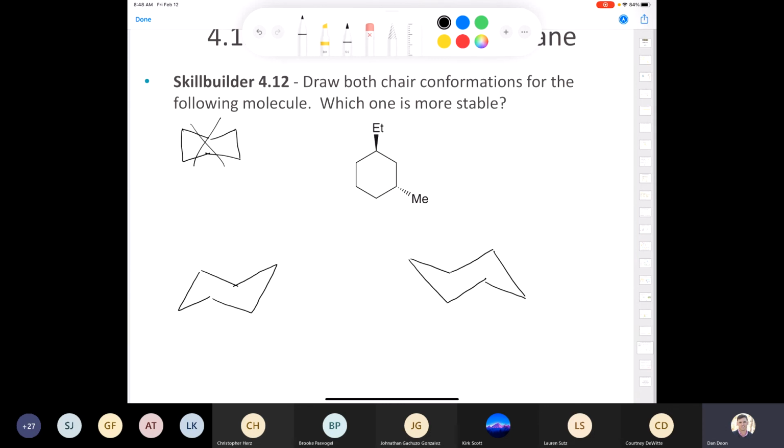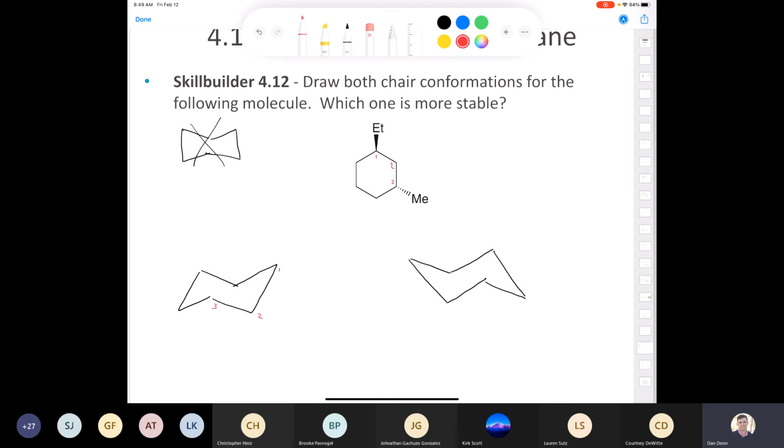So what I try to do, and I probably don't do this all the time, is I go 1, 2, 3, and this is just Mr. Dion's convention. You can call any carbon you want carbon 1, it doesn't matter. But again, just because I teach this for a living, I label this carbon as carbon 1, and then I go clockwise, so 1, 2, 3.